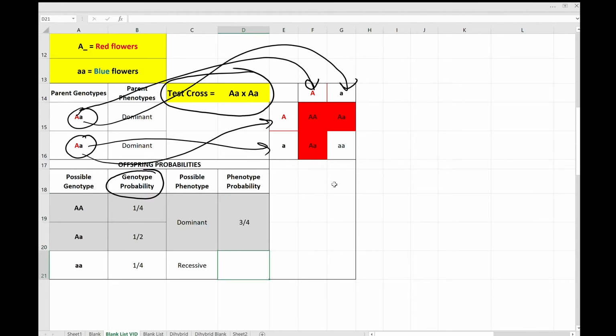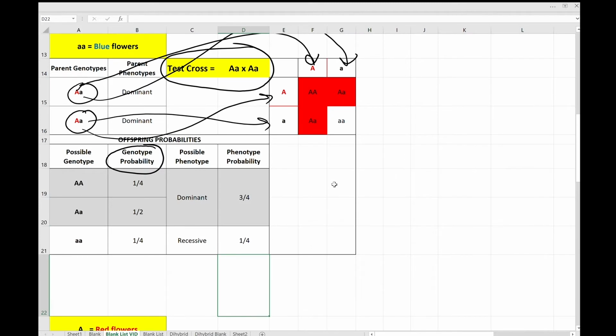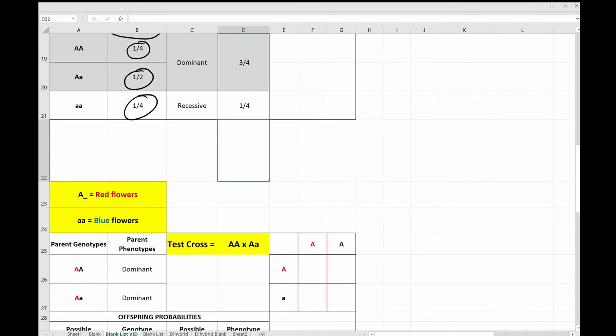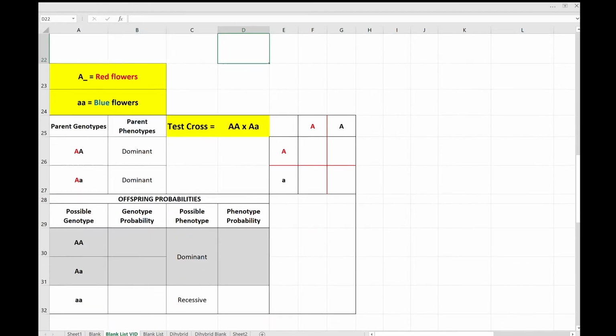And recessive, 1/4. So now we have a 3-to-1 ratio between dominant and recessive phenotypes, and a 1-to-2-to-1 ratio of genotypes. 1/4, 2/4, 1/4.